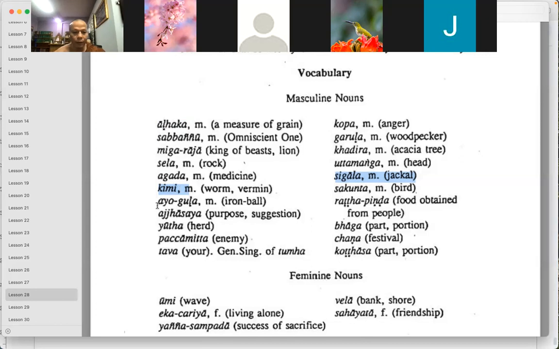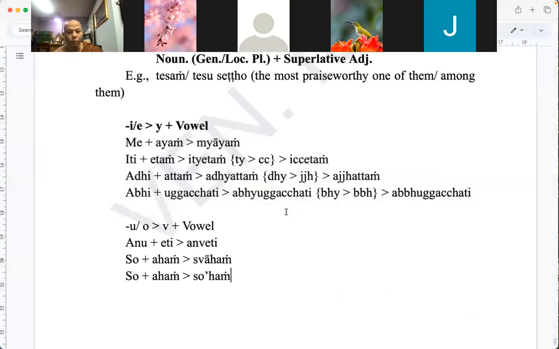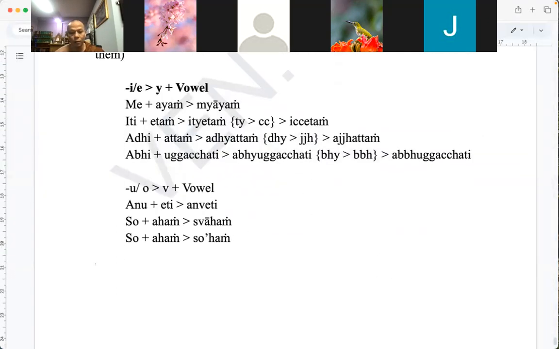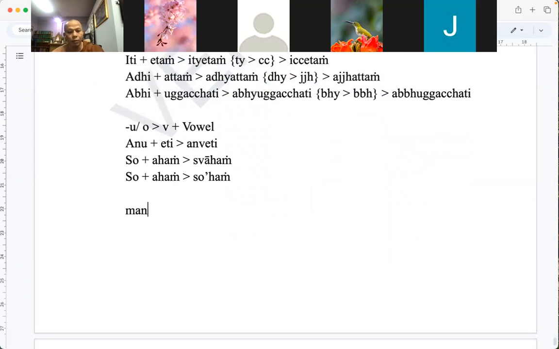So, and then Ayo, Ayo Gula. Maybe you may remember this group, the Manas group, ending in the consonant.